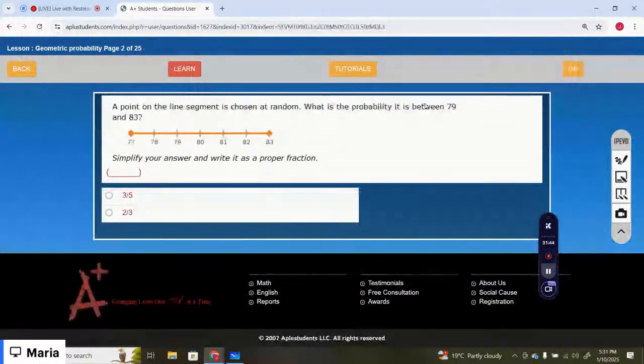A point on the line segment is chosen at random. What is the probability that it is between 79 and 83, which is the correct option?